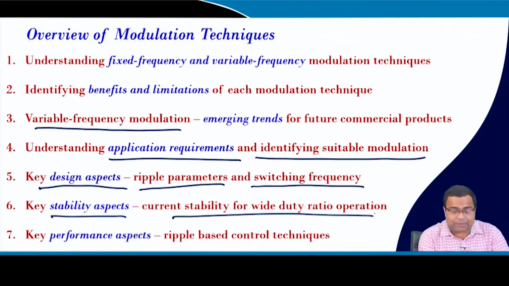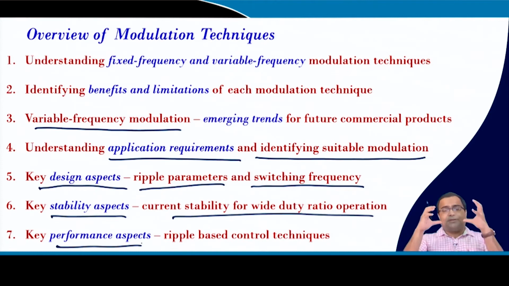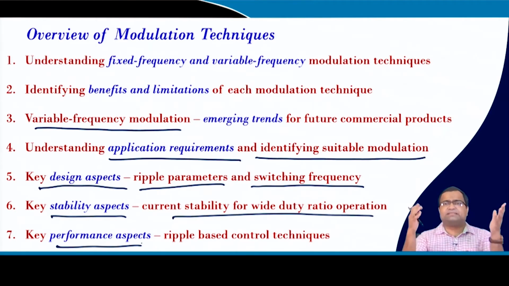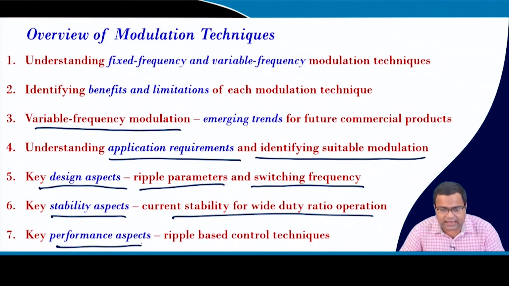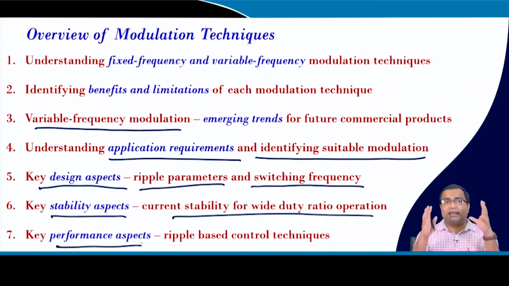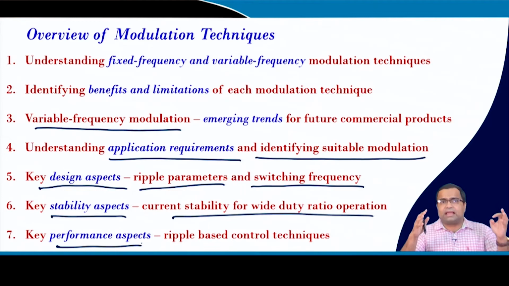Another aspect is the performance aspect. Even if we do fixed frequency current mode control, if we go for small signal based design, we have discussed that this design inherently assumes the model is valid up to 1/10 of the switching frequency. As a result, your compensator behaves like a low pass filter. So it attenuates the switching frequency component and its harmonics.